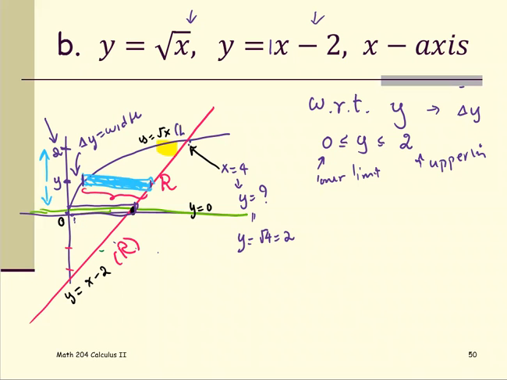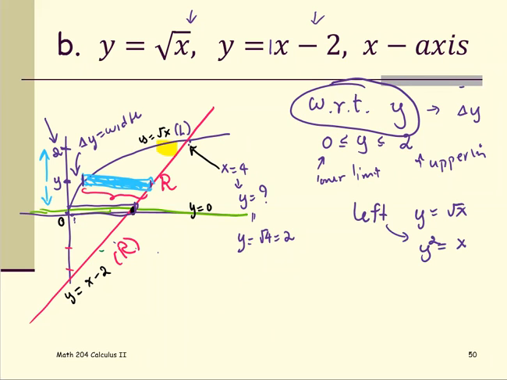I'm going to write the notes here. The left function is y equals square root x. But recall, we do it with respect to y, so we have to solve for x to write x in terms of y. So x equals y squared. That's your left function.